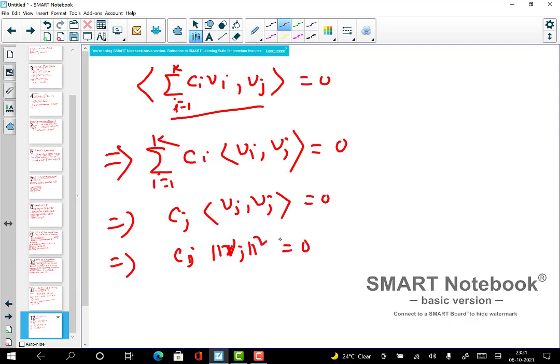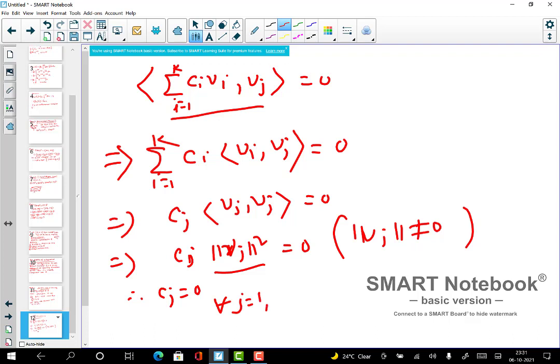But I chose my S such that there is no zero vector, right? So that means the norm of vj cannot be 0, because all the vectors of S are non-zero vectors, and the norm of any element is 0 if and only if that element is the 0 element, right? So this implies cj equal to 0, and this is true for all j equal to 1, 2, ..., k, right? What does that mean?